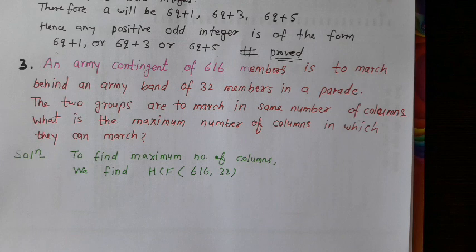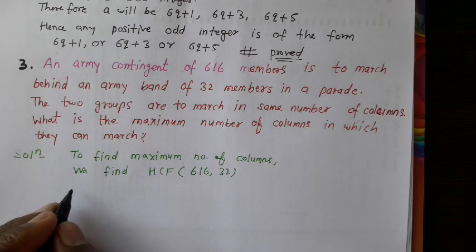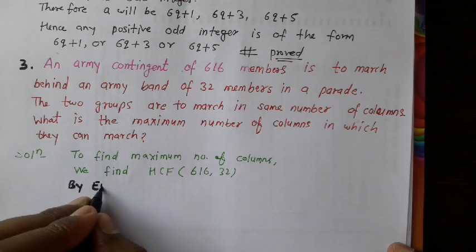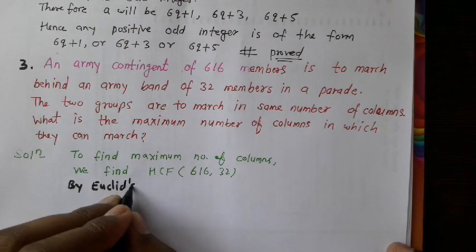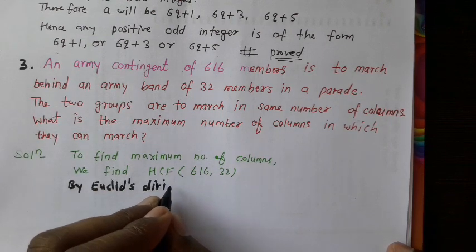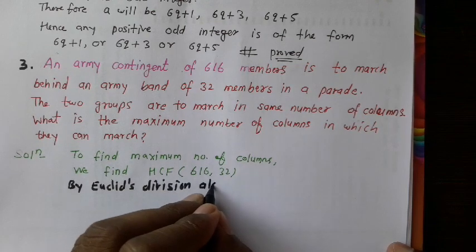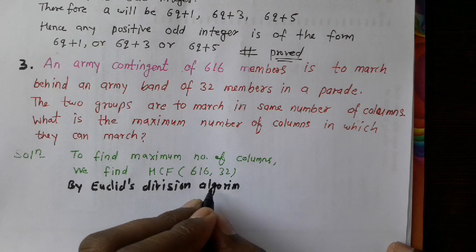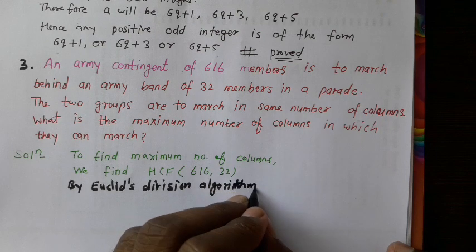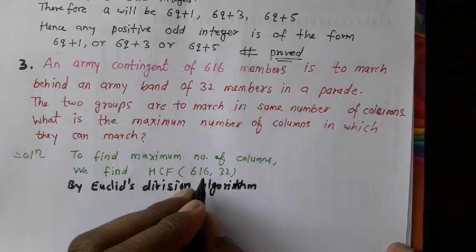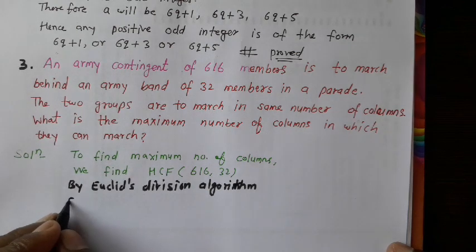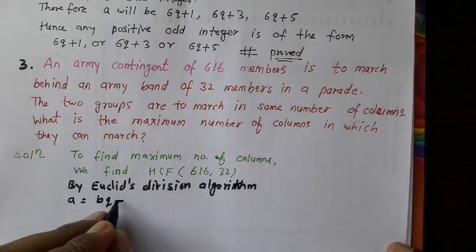Now you can find the HCF by Euclid's division algorithm. We know that here a is 616 and b is 32. So we can write a equal to bq plus r.